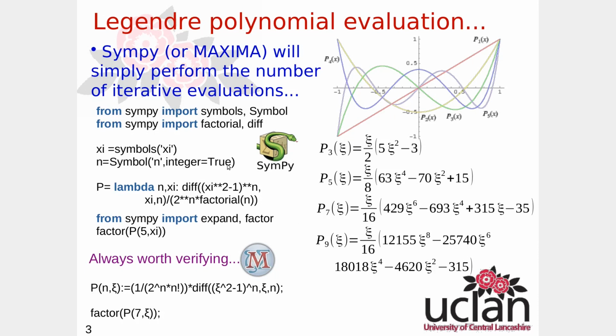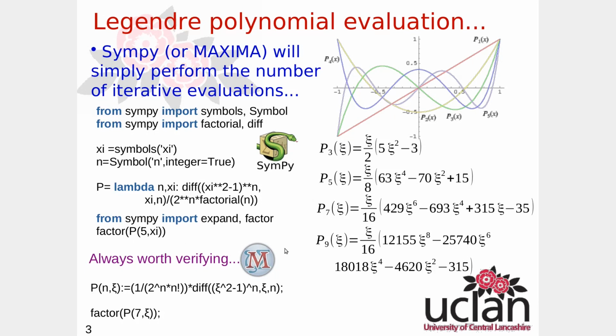As with all Python objects, they can be subjected to lambda calculus, and therefore p equals lambda, passing through now the symbolic objects n and c to compute the differentiation for us. We can then, from SymPy, import expand and factor, and in fact the only thing required in this particular case was factor. We had p5, and this would have generated the 5th order polynomial.